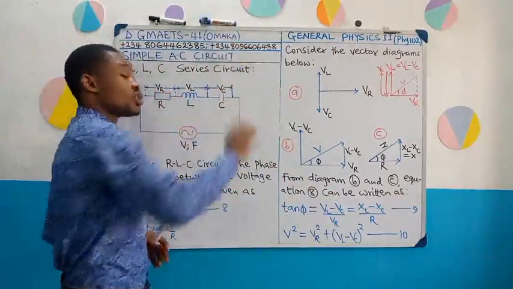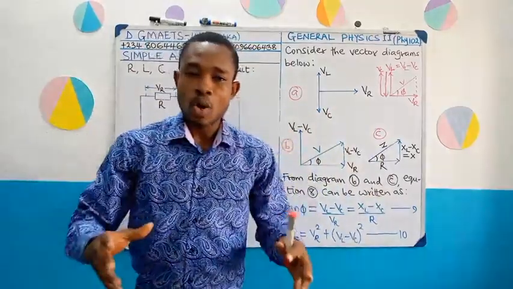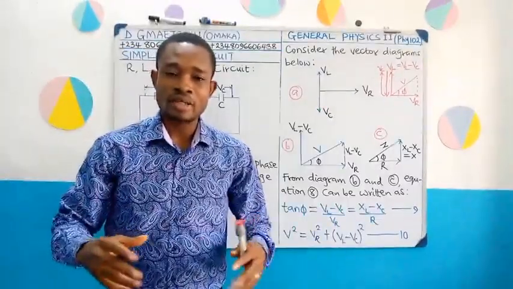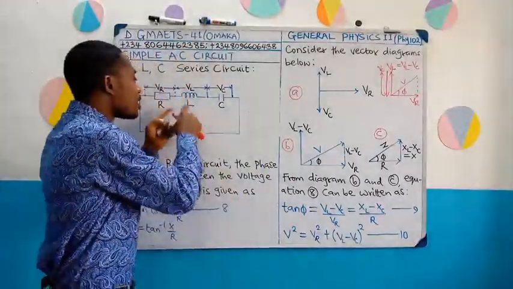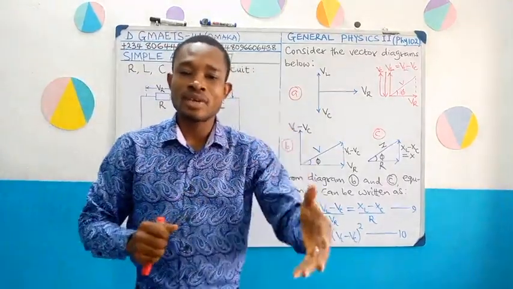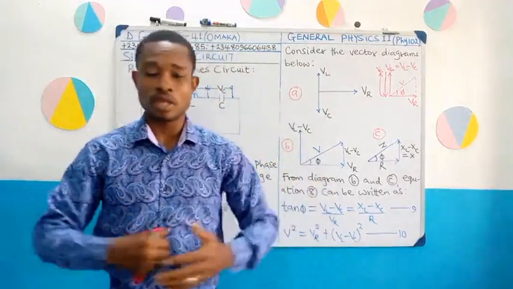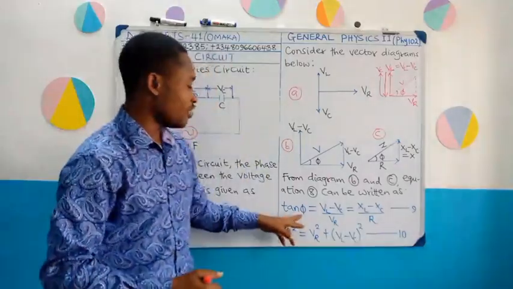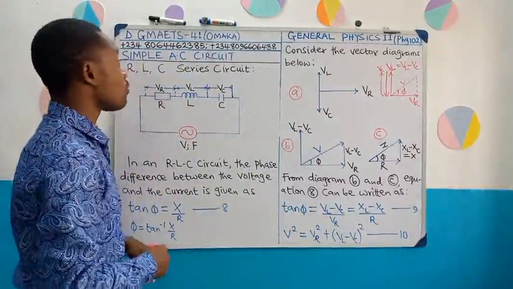Of course, we've been able to establish the phase angle difference. Now, there is a point I want to make here, and please put it down. In an RLC series circuit, when do we know whether current is leading or lagging on the voltage? It all depends on the value of phi.